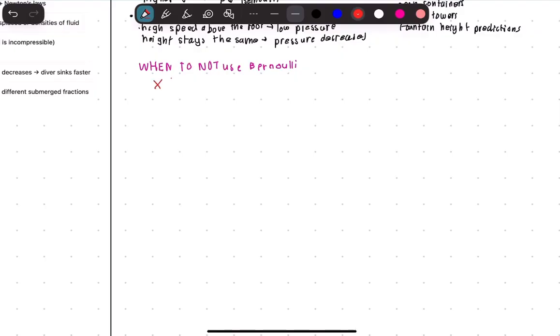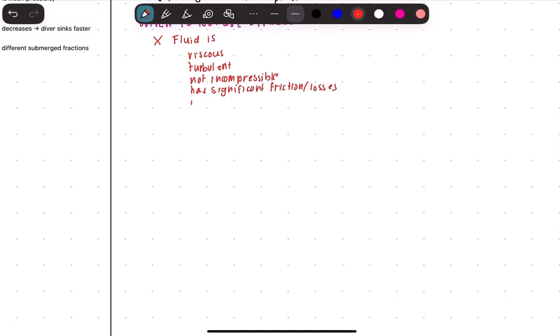Basically, avoid it when the fluid is viscous, turbulent, not incompressible, has significant friction or losses, or if you're examining across two different fluids.